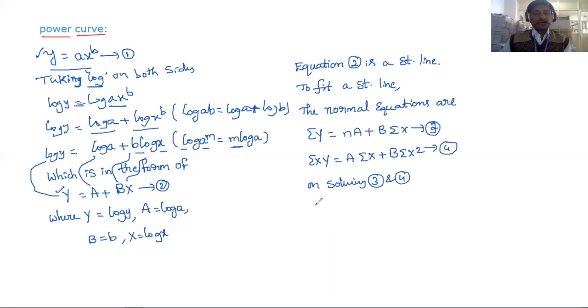We will get capital A as well as capital B values, but we require small a and small b.